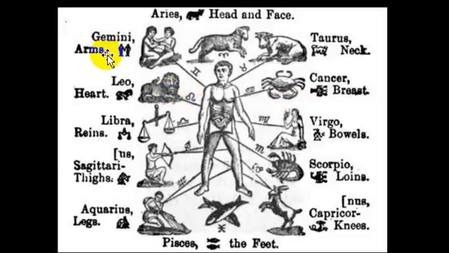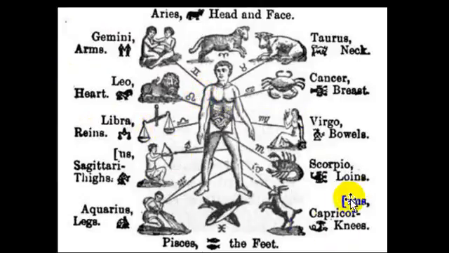Now I know a Gemini, and all she would do when she would talk, she could not talk without using her hands to talk. So I thought that was interesting. Leo represents the heart, and on and on and on.